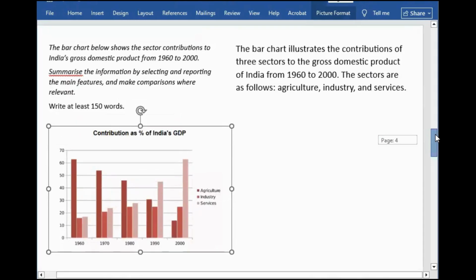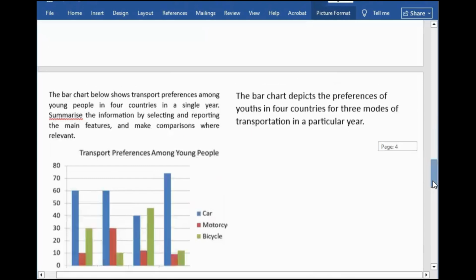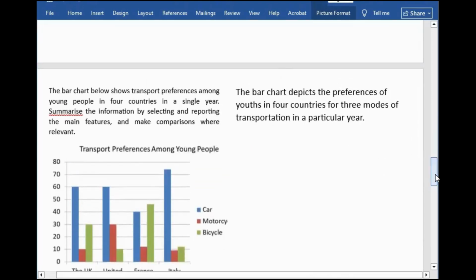The contribution of different sectors to India's GDP. That is the key issue here. So that's what I mean by what. Your first sentence must always present the what, the main issue. Of course, you will do that as you are writing your paraphrase of the question prompt. That what component of your introduction is always inside the question prompt. Always.